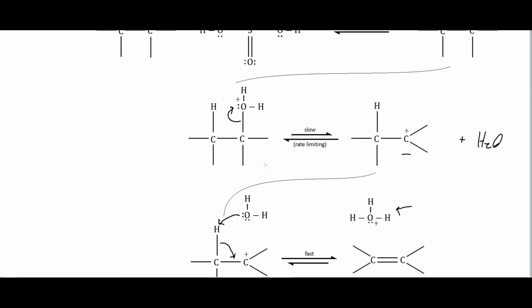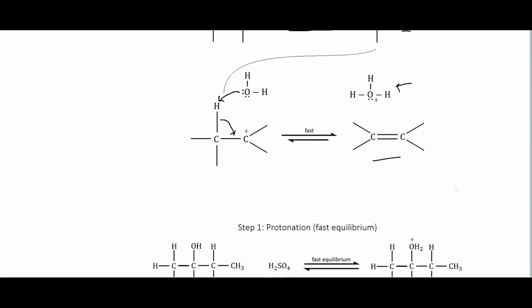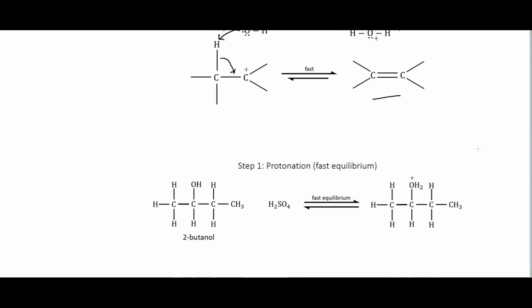And so again, this is going to be the rate limiting step where we are forming the carbocation. The water here is acting as the leaving group, and that's the rate limiting step for forming that carbocation, which is going to be the very unfavorable reaction.